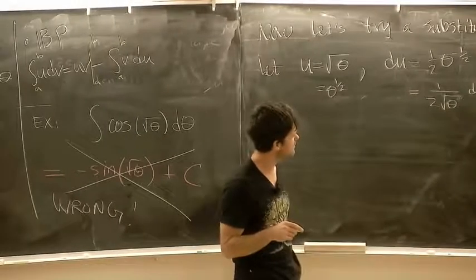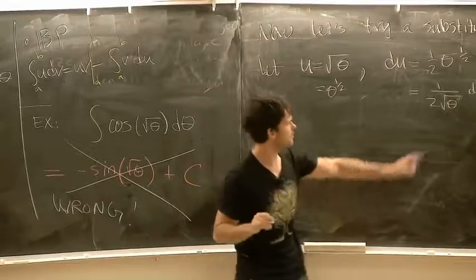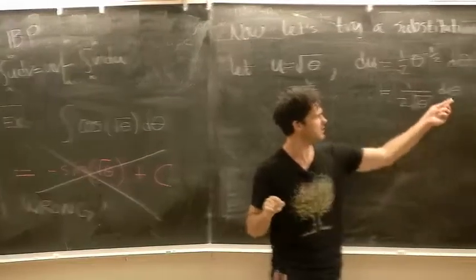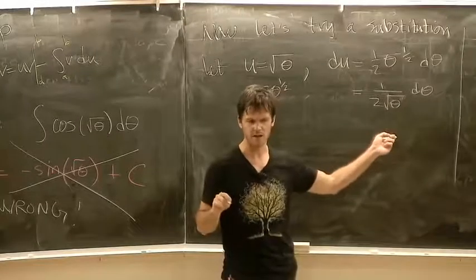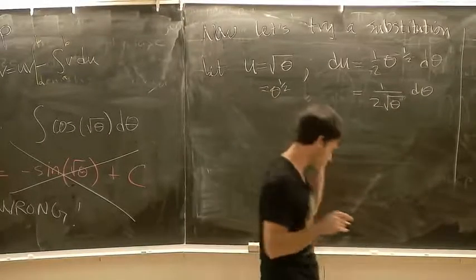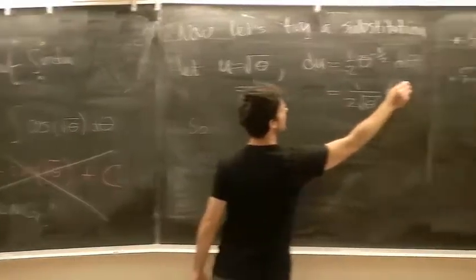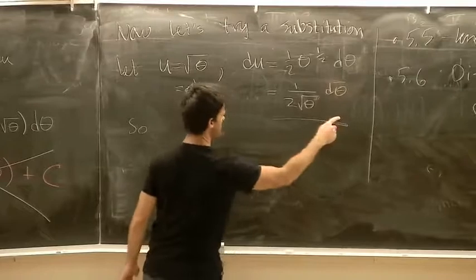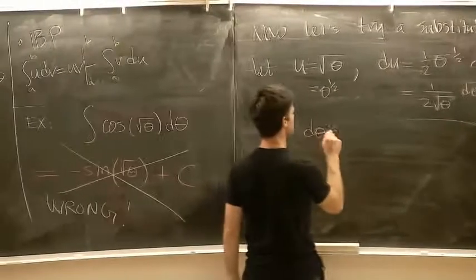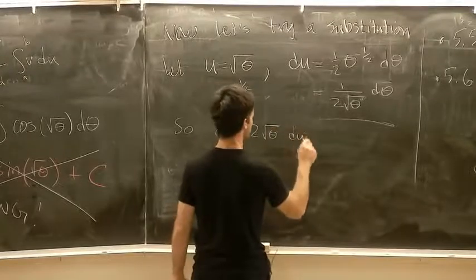Well, we have a d theta, but we don't have a d theta over root theta. So this still requires a bit more trickery. For example, I can solve this expression for d theta, and I get that d theta is the same as 2 root theta du.